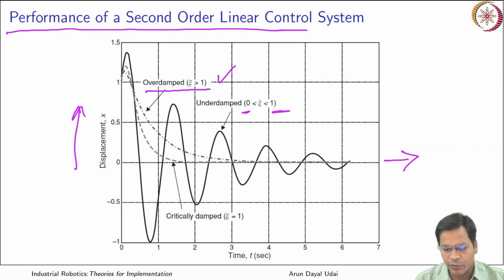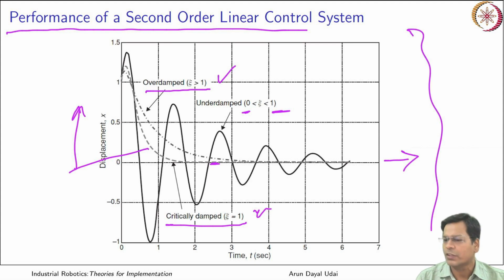Okay, and this is the critically damped case, in which xi is equal to 1. Okay, so in that case it is the critical time, and in this case the system settles to the desired value very quickly. Okay, so this is the fastest non-oscillatory response. So everything can be seen here. So this is the plot of the system.